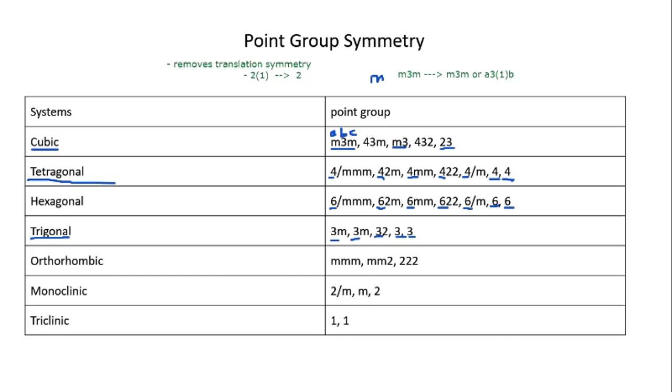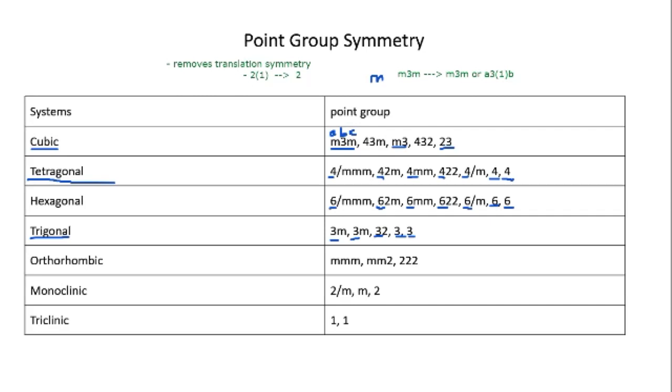Now what I want to stress is if you look at cubic up here, you'll notice that the 3-fold is not the first symmetry element listed in the point groups. So for cubic, the 3-fold would not be listed first. But for trigonal, you notice that for every one of the different point groups, a 3-fold rotation is listed first. So the difference between trigonal and cubic is looking at, okay, when I see the space group, does it list the 3-fold first?